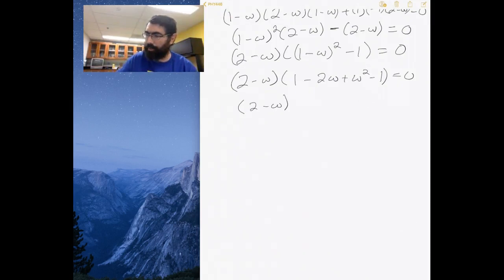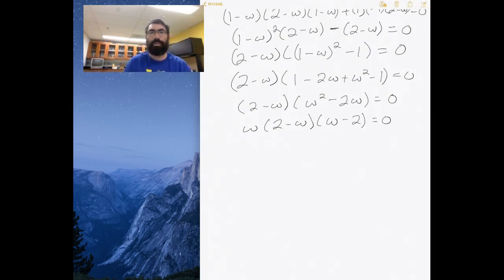And if I still know my algebra, then I have omega squared minus 2 omega is equal to 0. I can factor out an omega, so I get omega times 2 minus omega times omega minus 2 is equal to 0. And those last two parentheses are basically the same if I just factor out a minus sign.